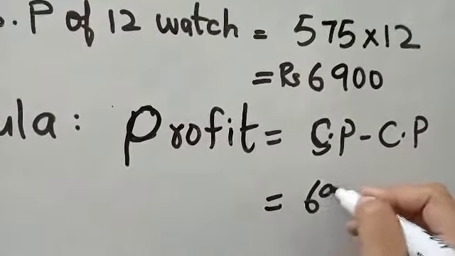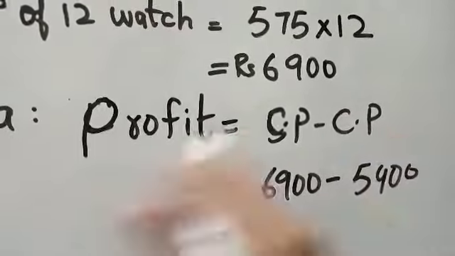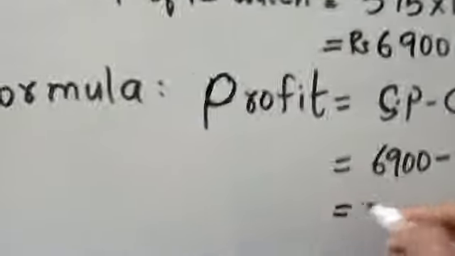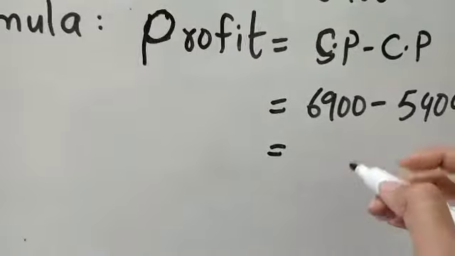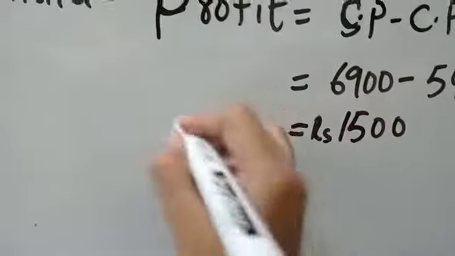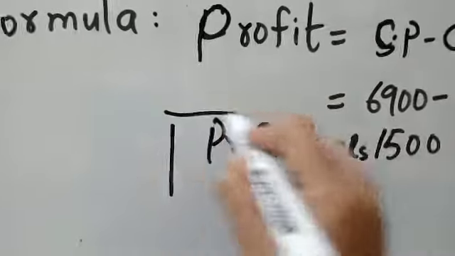Selling price is given 6,900, cost price is given 5,400. You will look back in your formulas list and you will find this formula. The profit is rupees 1,500. This is the profit he has gained.